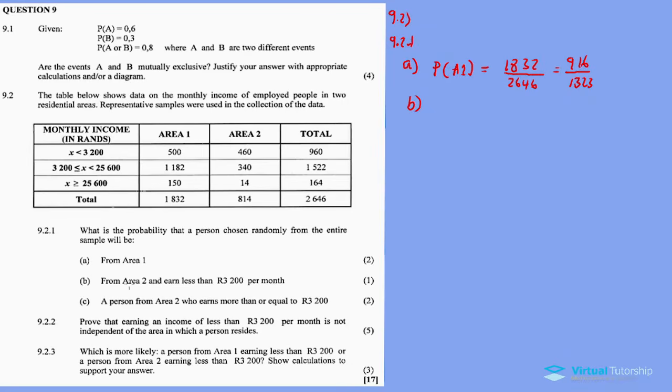But from area 2, those earning less than 3200. So how many people live in area number 2 and earn less than 3200? There are 460, and the others earn more than this amount. So 460 compared to the entire sample.